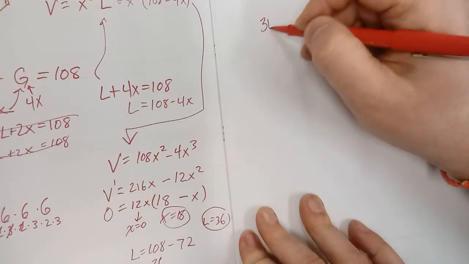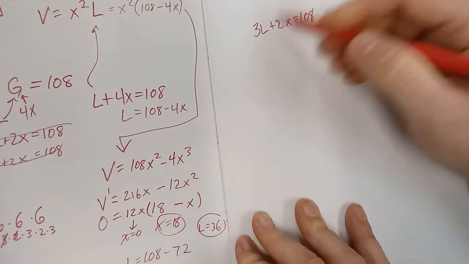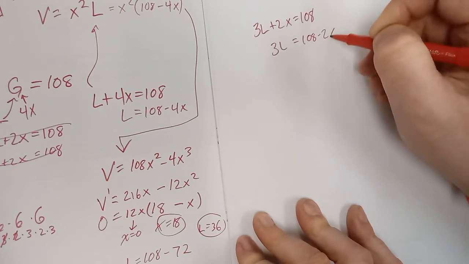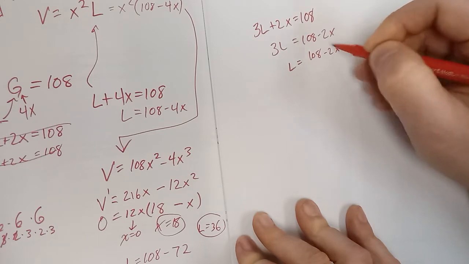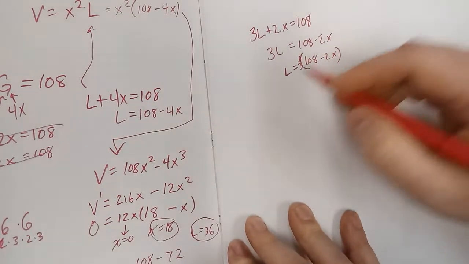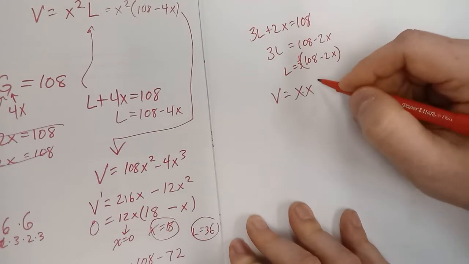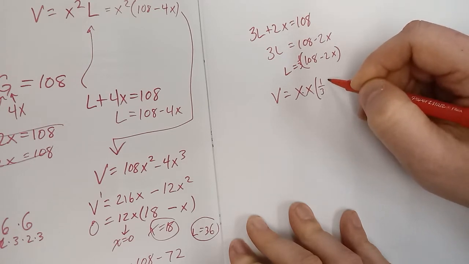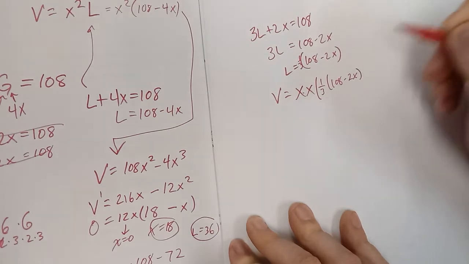So 3L plus 2x is equal to 108. So I can go back in and I can still solve this for L. I can get 3L is equal to 108 minus 2x, and then divide them both by 3. So I've got a third out front, 108 minus 2x. So now volume is equal to x times x times L, 1/3 times 108 minus 2x.